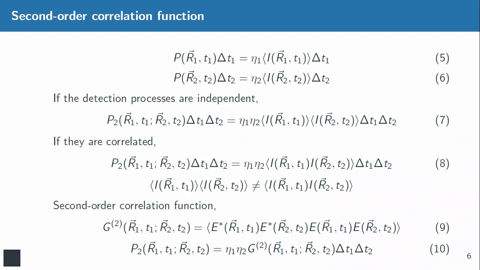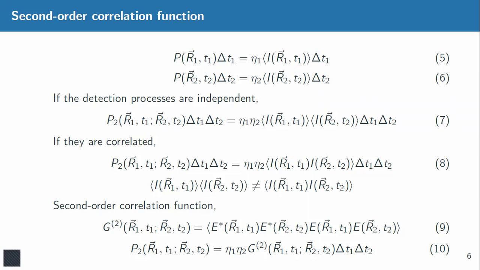So consider we now have two detectors instead of one, at positions R1 and R2, and their probabilities of detecting the incoming field and registering photocounts are given in equations 5 and 6, where eta 1 and eta 2 are the efficiencies of the respective detectors.